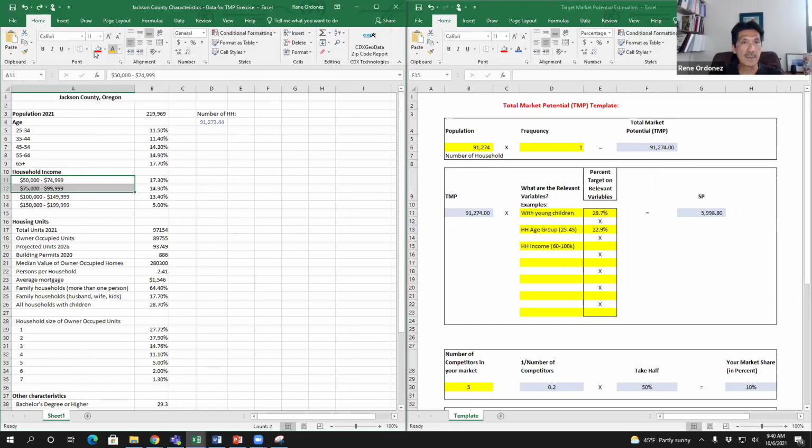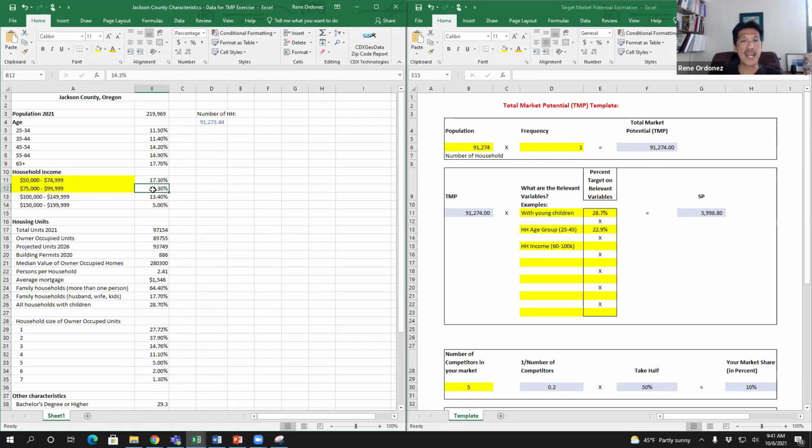So if I say I'm going to stick to my bottom line here, 60 to 100K, because maybe anybody earning 50,000 may not be able to afford it, note that 60,000 falls within the 50 to 75 range, which is 17.30% and also covers 50 to 59.